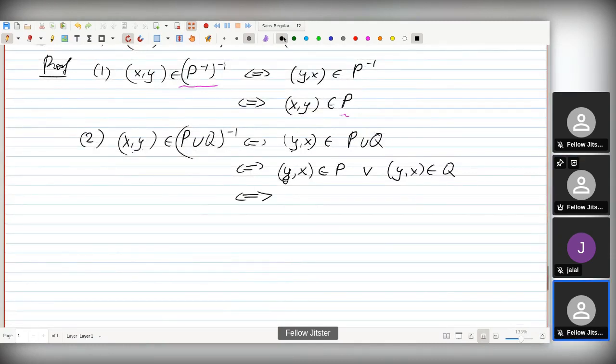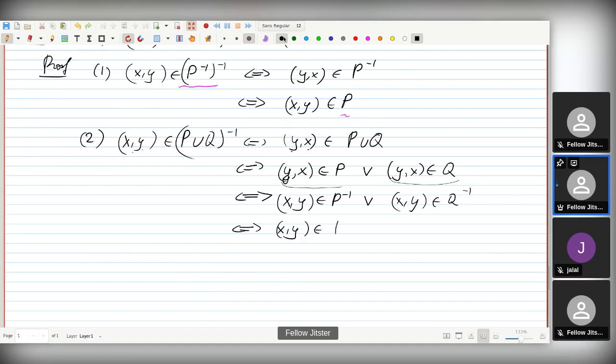Yes. Now I can apply this conversion operation to both P and Q individually. So YX belongs to P. This is equivalent to the following. XY belongs to the converse of P. And likewise here, XY belongs to the converse of Q. Do you agree? Yes.